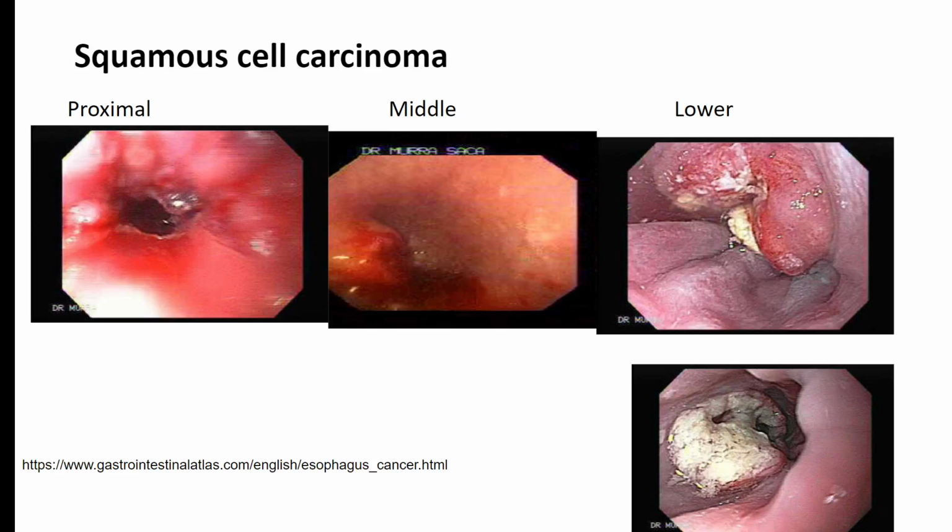The tumors of the esophagus could be primarily either squamous carcinoma or adenocarcinoma. Squamous carcinomas are more common in the proximal part, while adenocarcinomas are at the esophageal-gastric junction. The most frequent locations of esophageal tumors are at the constrictors of the esophagus: the proximal constrictor, middle constrictor, and lower constrictor.